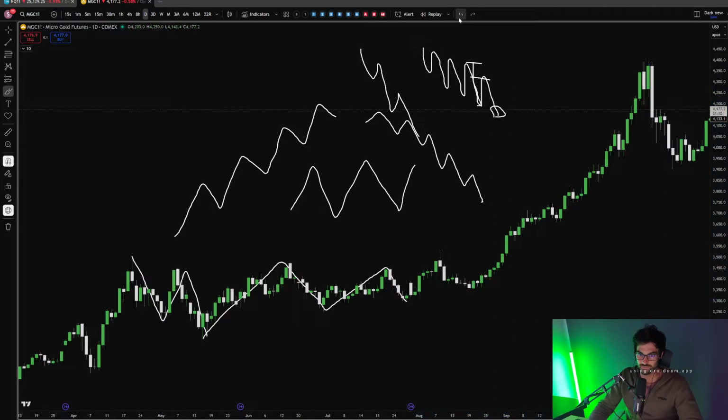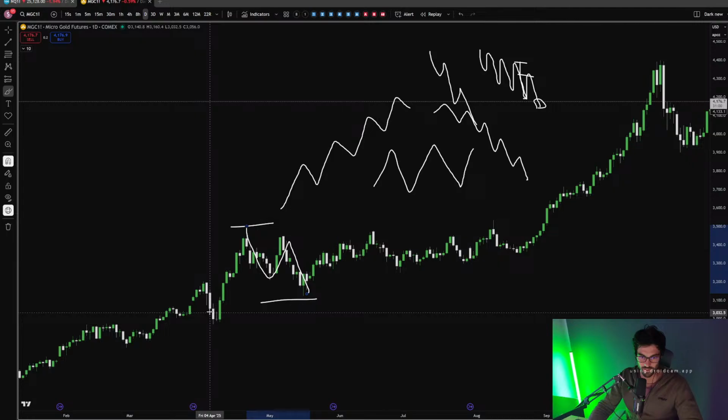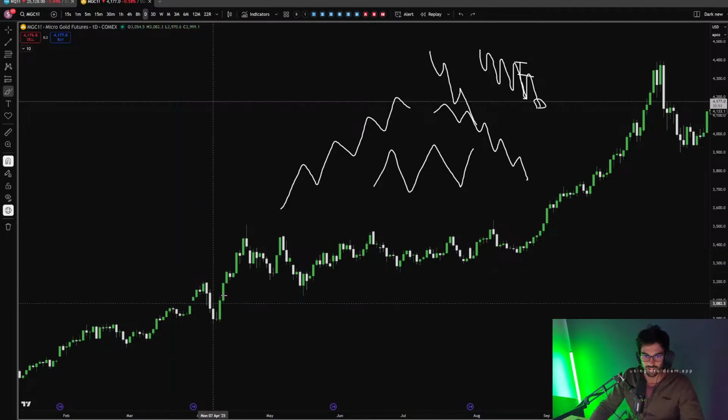But inside here, we can see that from here to here, we had a movement that was following a bigger trend. And from here, the level of retracement was quite deep.